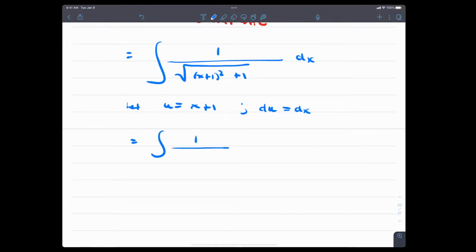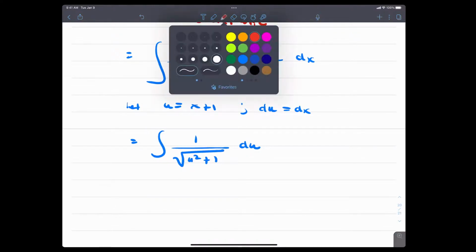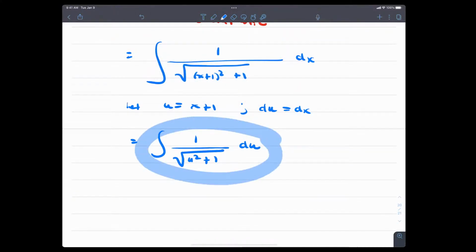I get the square root of u squared plus 1 du. And then I'm going to ask you guys this question here. What do you think you would do now? What do you use here?